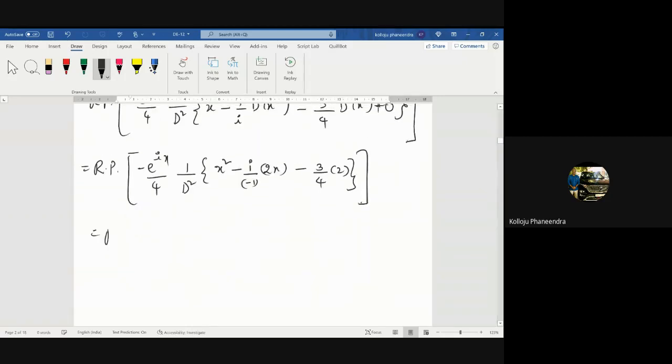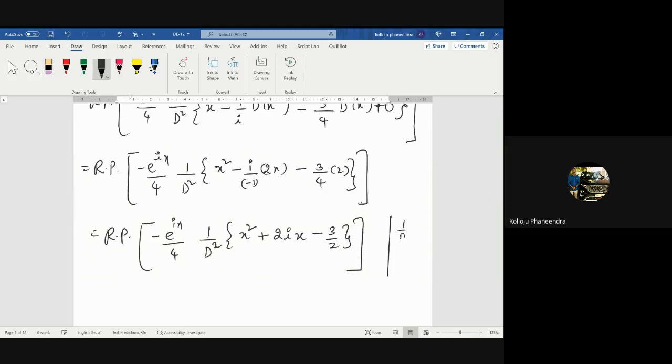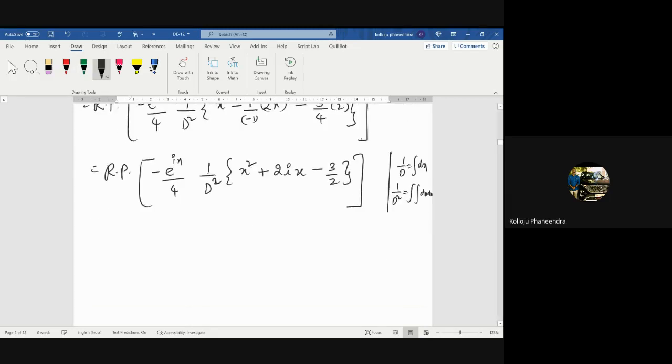Next step: this is the real part of minus e to the power of ix by 4, 1 by D square of x square plus 2ix minus 3 by 2. Here 1 by D stands for the integral dx. 1 by D square stands for a double integral, 2 times integration.